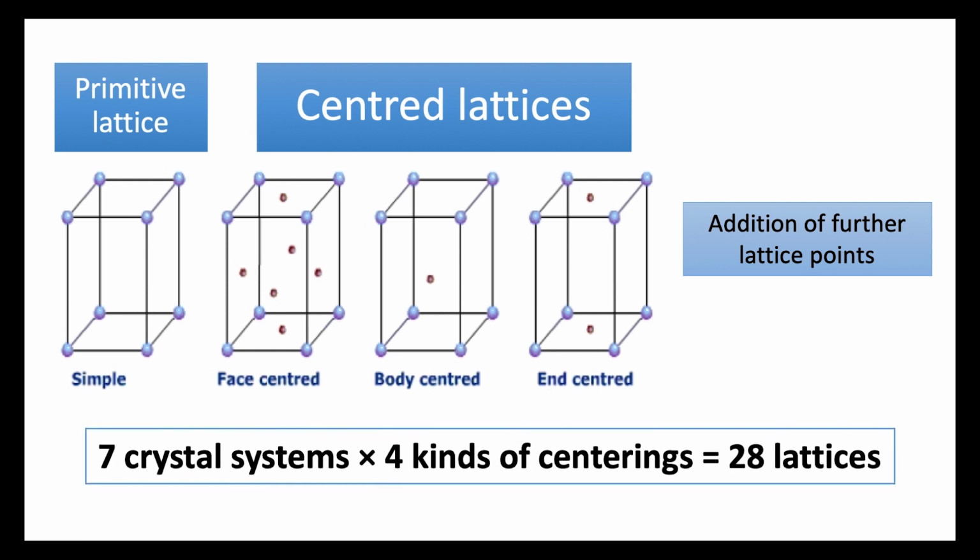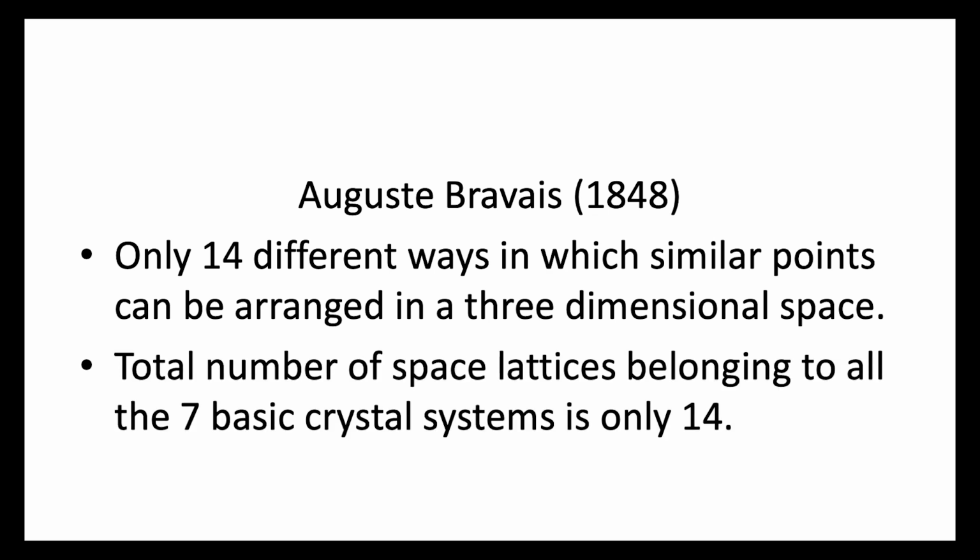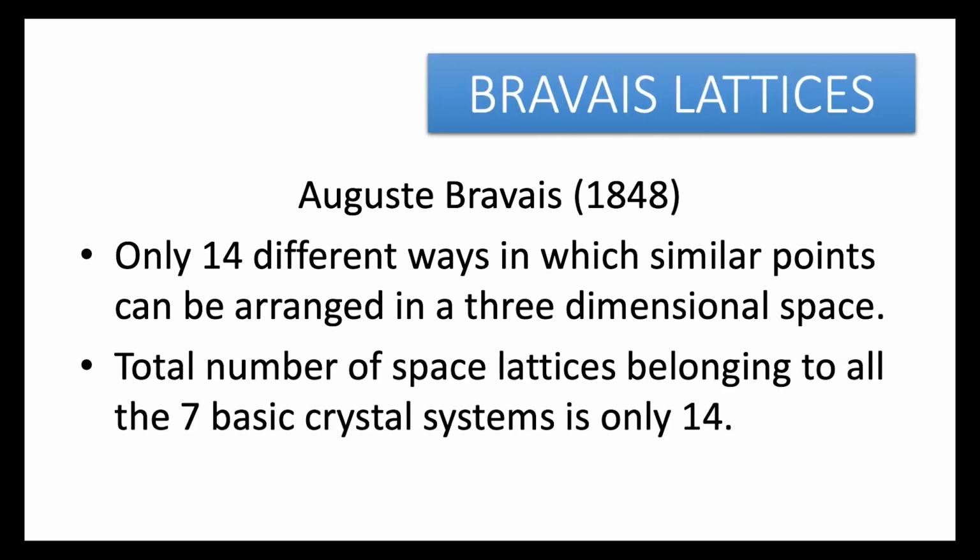Since there are 7 crystal systems and each can have 4 kinds of centerings, there should be a total of 28 lattices. But Auguste Bravais, a mathematician, in 1848 showed that there are only 14 different ways in which similar points can be arranged in 3-dimensional space. His argument was purely based on geometry. That means the total number of space lattices belonging to all the 7 basic crystal systems is only 14.